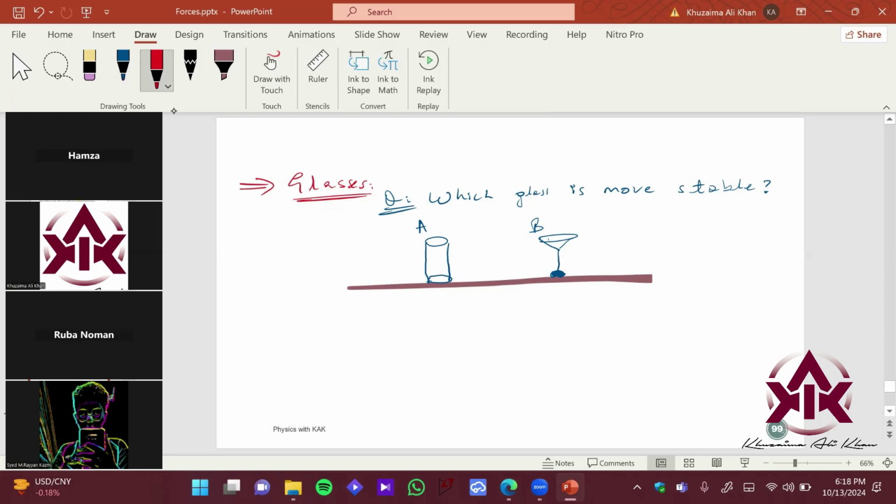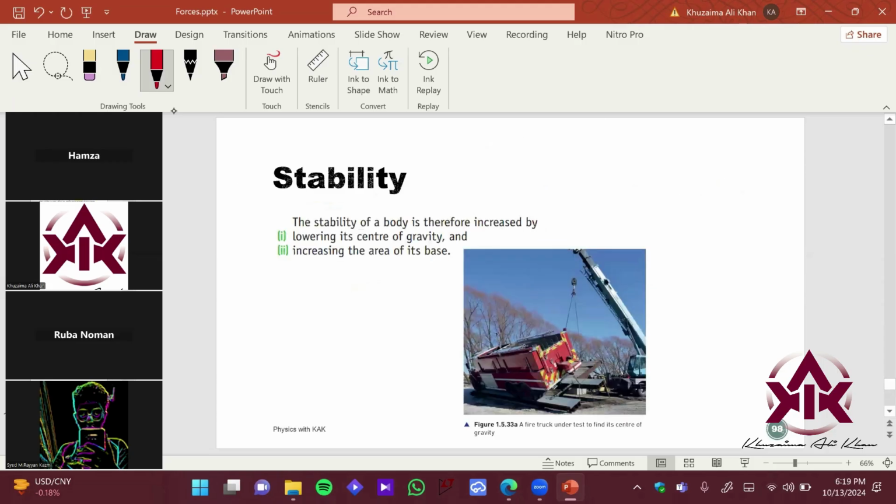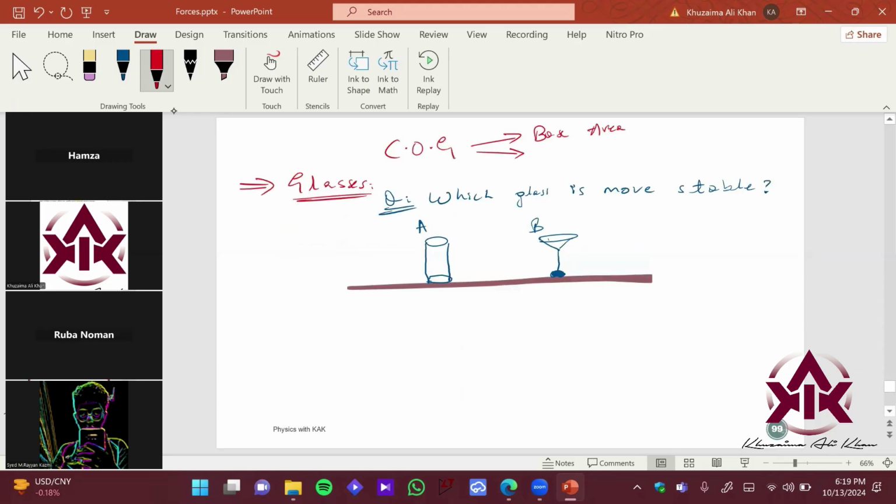Okay. So, everything comes basically to center of gravity, right? So, center of gravity is affected by two things. It is affected by either its base area, as you can see over here, or the position of center of gravity, right? Let me just flip it out. The stability over here is basically dependent upon two things: the base area and the position of center of gravity.